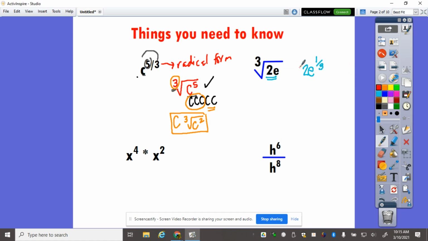Common mistake of the student, they forget to put parentheses here. If you leave it like 2e to the 1/3, you're assuming that this is the only thing that goes inside the cube root. It's just like writing 2 cube root of e. And that's not the problem. Both of the 2e, the entire 2e, is part of the cube root. So there should be a parenthesis. So it's important that you need to write parentheses there.